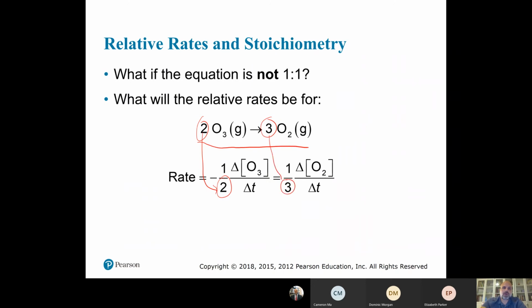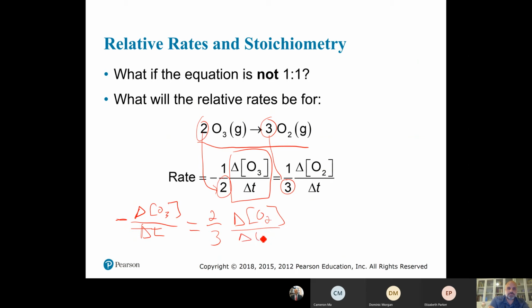If you think about how that makes sense from a mole-to-mole ratio, if we wanted to understand just the concentration, let's say we were going to solve for the change in concentration of ozone divided by the change in time, that would be equal to, let's leave that negative for now, 2/3 times the change in concentration of oxygen over the change in time.